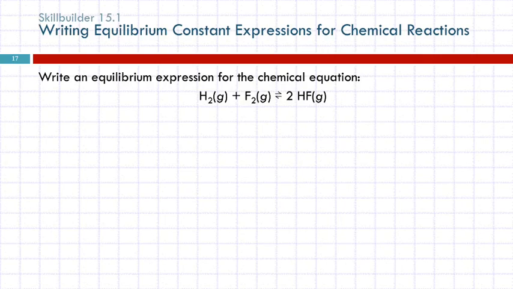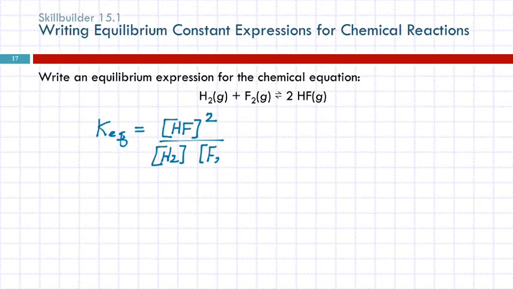Let's write an equilibrium expression for this chemical equation. So K EQ equals, we want the products, here there's only one, so the product, and what's the coefficient? 2. So this is squared. Divided by the reactants, we've got H2 and we've got F2.